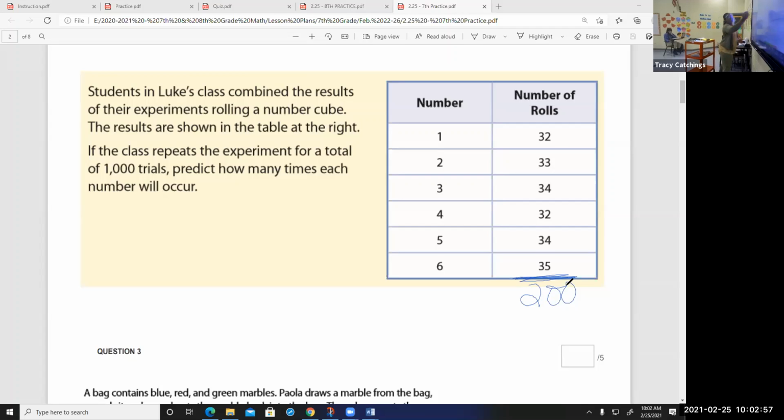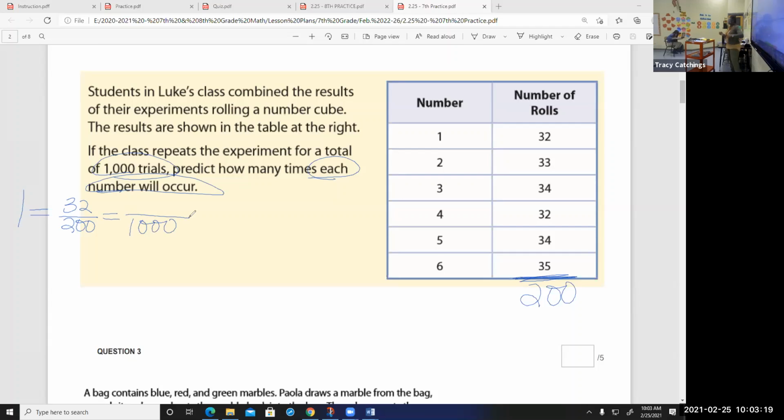They want us to look at each of these numbers and see now what will be the trial at 1,000. So that means we're going to take 1. And right now we got 32 out of 200, correct? That new denominator is going to be 1,000 because they now want us to compare it to 1,000 times.